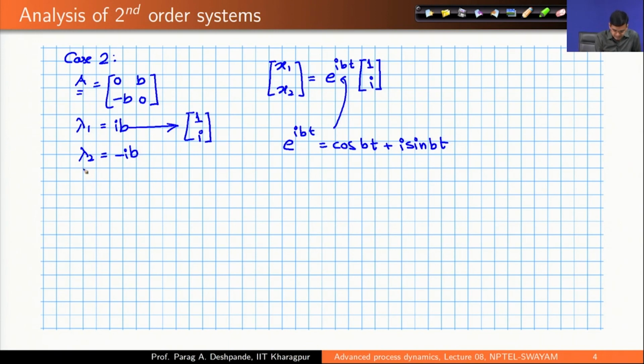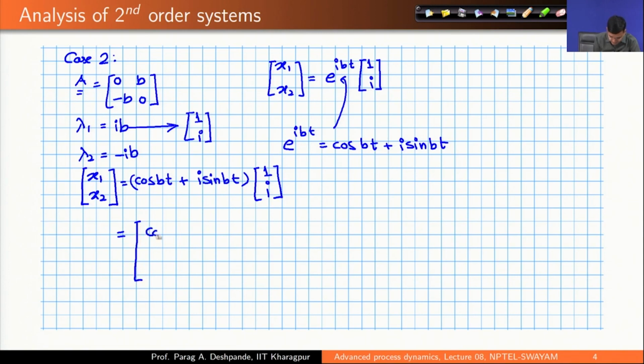So, I get [x 1 x 2] is equal to cos b t plus i sin b t multiplied by the vector [1 i], which is going to be equal to cos b t plus i sin b t multiplied by [1 i].